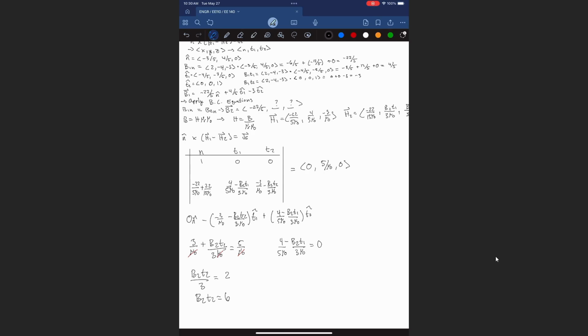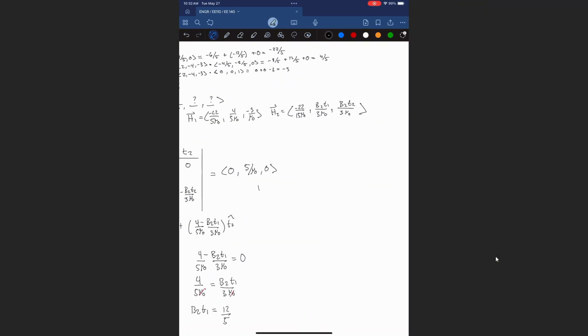On the second equation, we can move B2 T1 over 3 mu naught to the other side and cancel out the mu naughts, and then we get B2 T1 as 12 over 5. With this, we get B2 as negative 22 over 5 n hat plus 12 over 5 T1 hat plus 6 T2 hat.